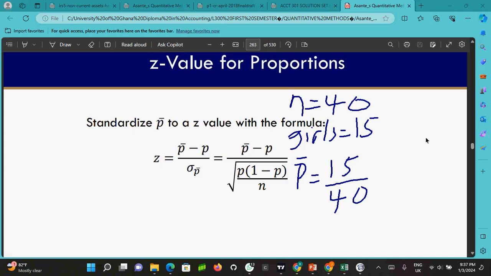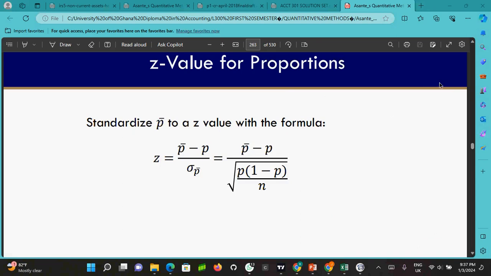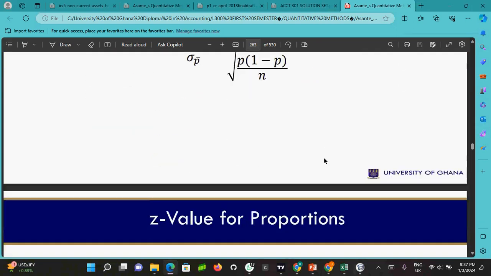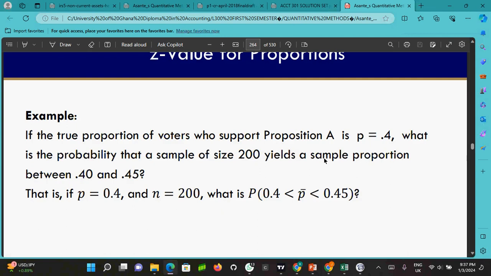So if your question is given, let's go down and see. Here they've given you something simple.